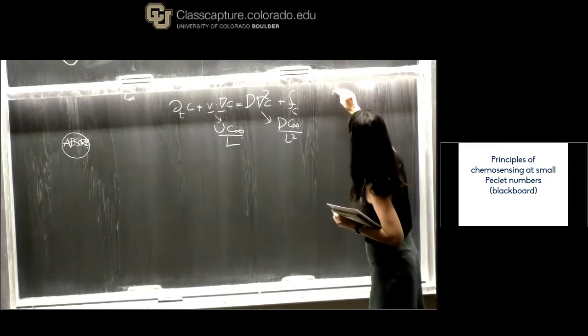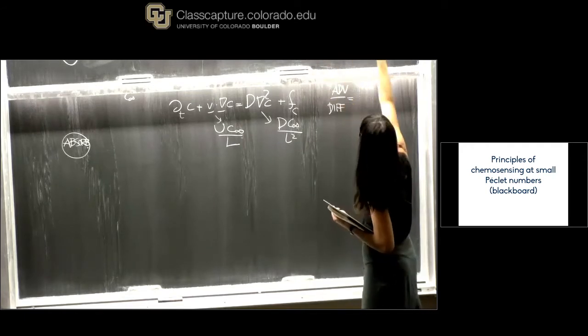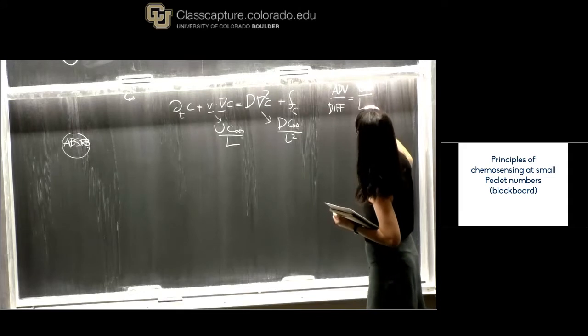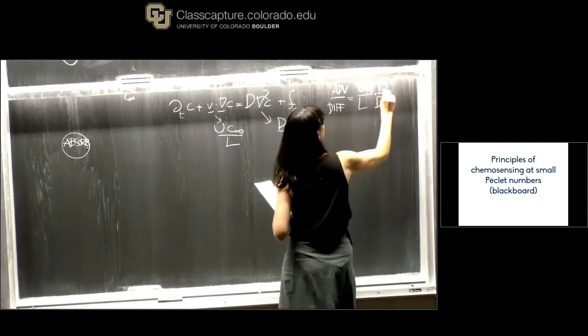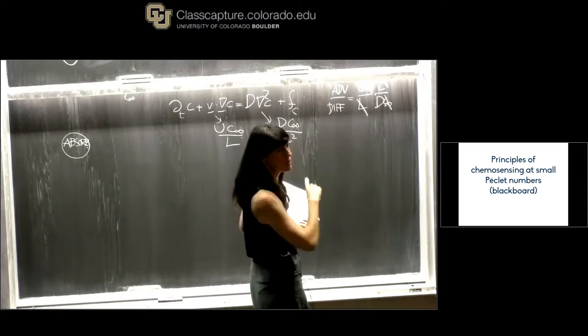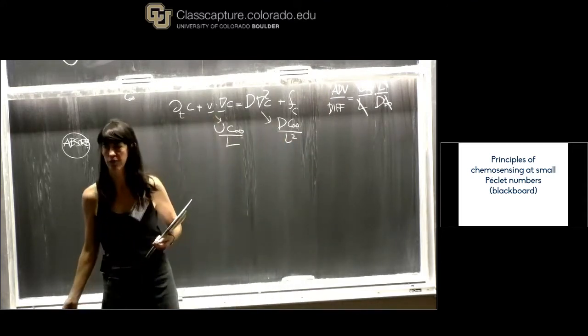It's advection divided by diffusion, and it has a very similar form to the Reynolds number. I can cancel this, and it's UL over D, which is very similar to the Reynolds number, except instead of the viscosity, you get the diffusivity.